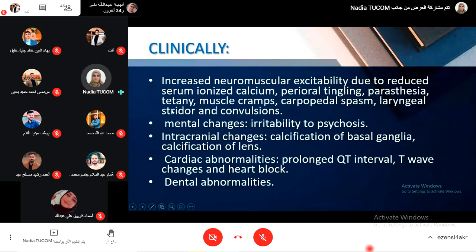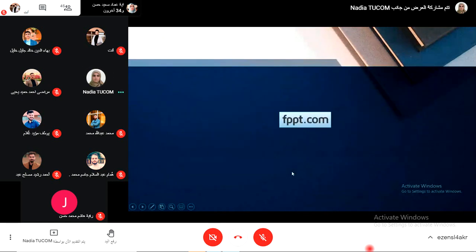Mental changes, including irritability and psychosis. Intracranial changes: there will be calcification of bone and of the lens, dental abnormality, and prolonged QT interval. So keep in mind that the most common cause of PTH reduction or hypoparathyroidism is surgically induced changes.